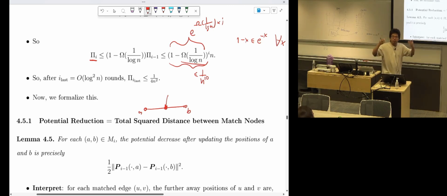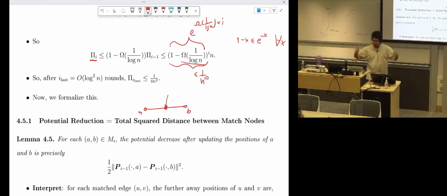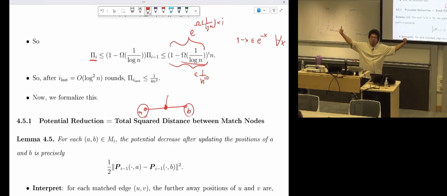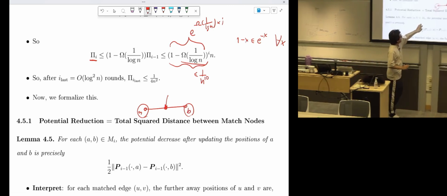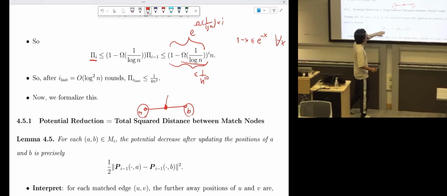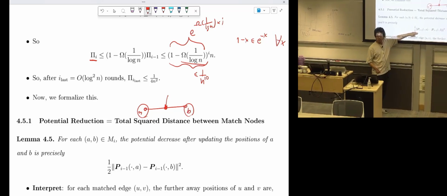I want to look at the potential at the time when A and B are at different points, and then you put both of them at the average and see how much that changed the potential. So this potential decrease is just going to be exactly this thing.